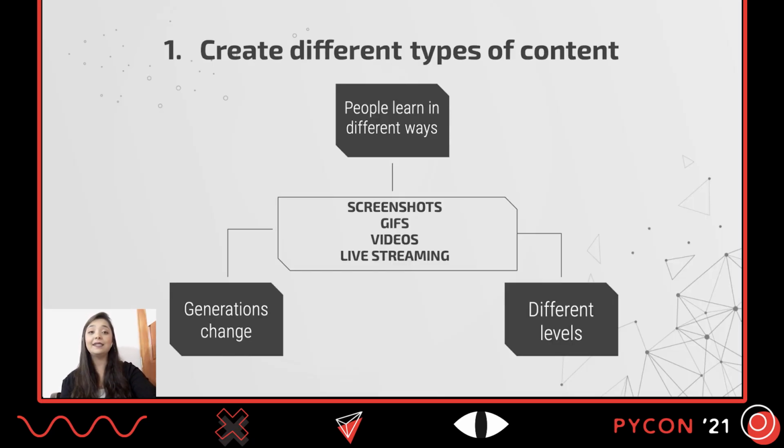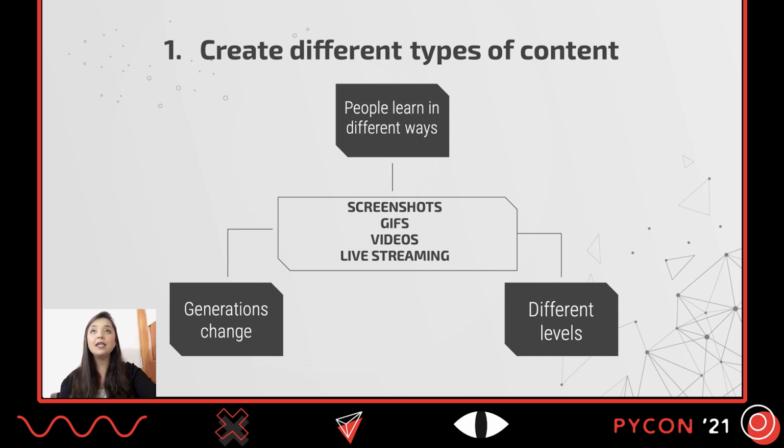The first idea is create different types of content. Why? First, because people learn differently. There's auditory, visual, kinesthetic, and we have to generate content that can make people who learn in these different ways learn, right? The second reason is generations change.